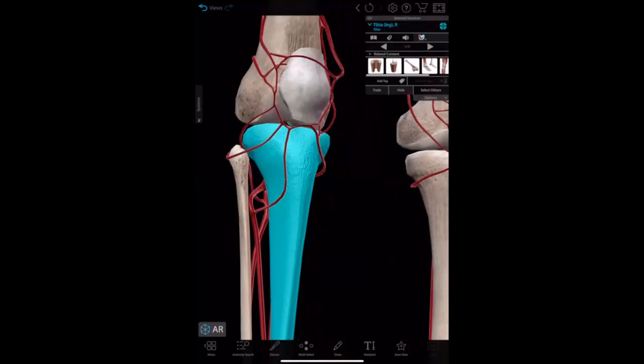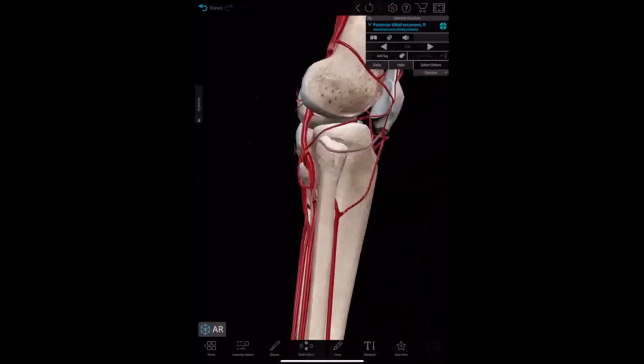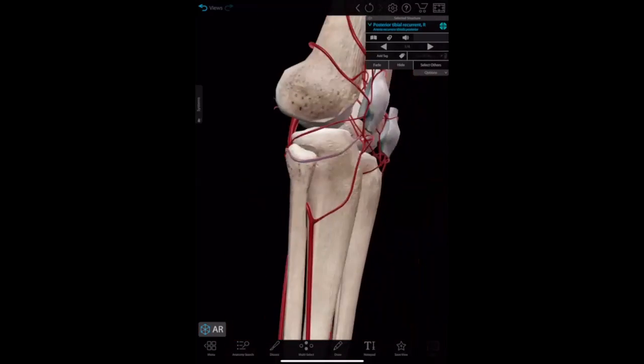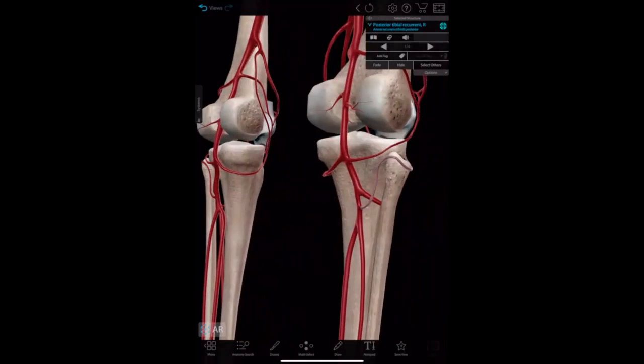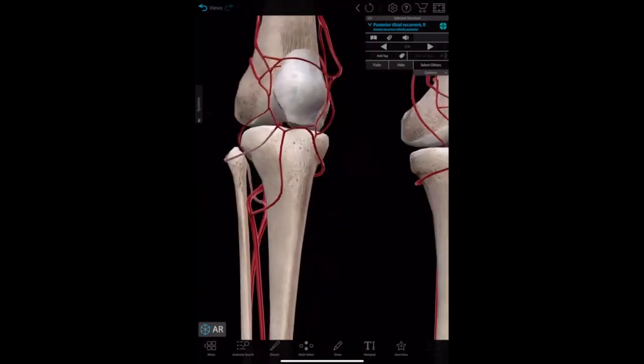Selected structures are recurrent arteries of anterior and posterior tibial, and there is also a circumflex fibular artery.